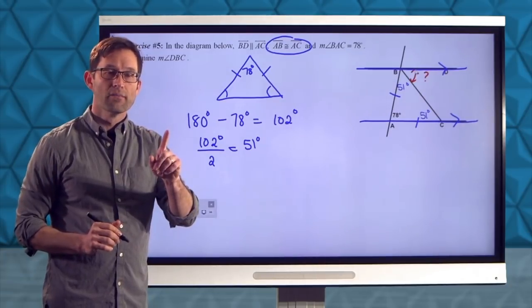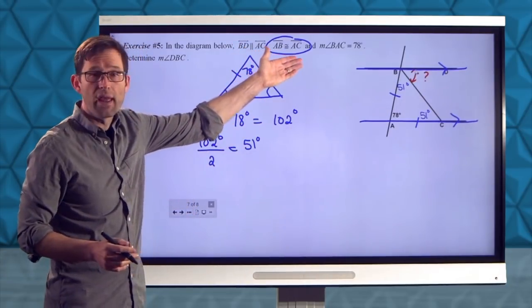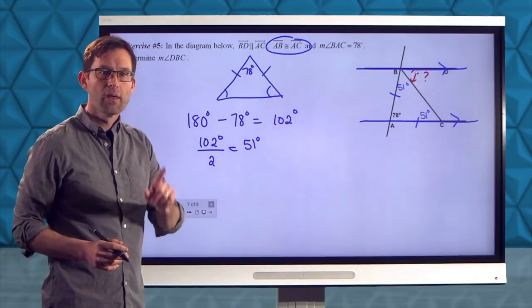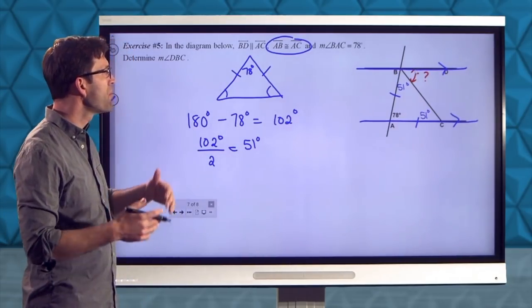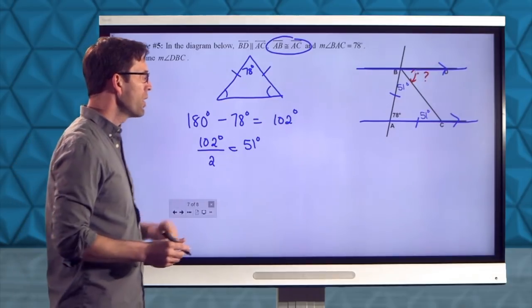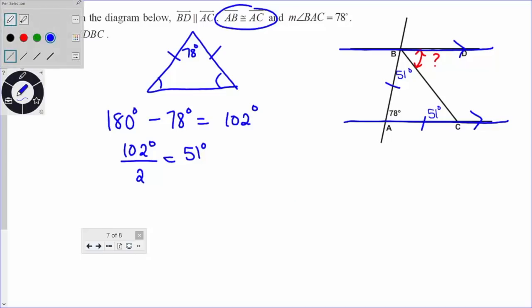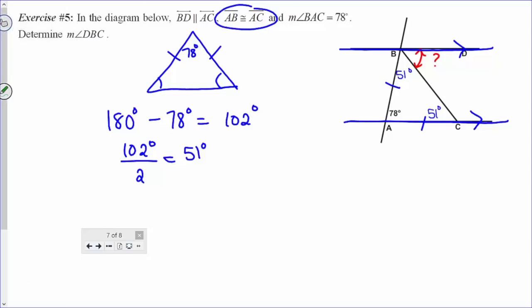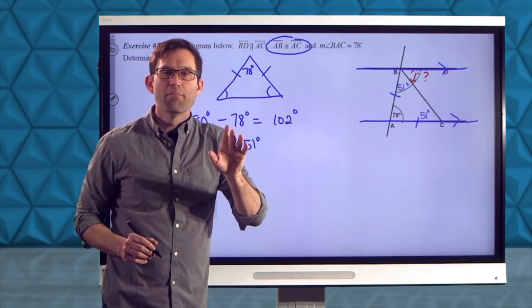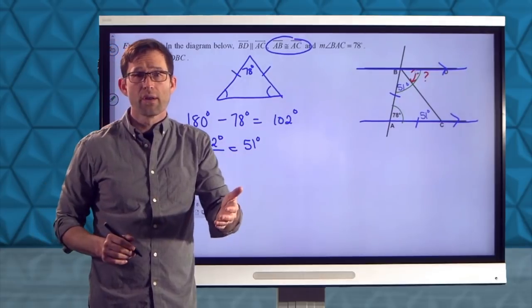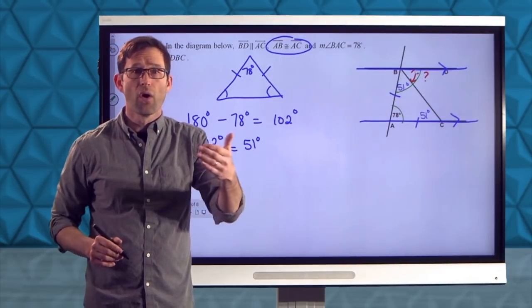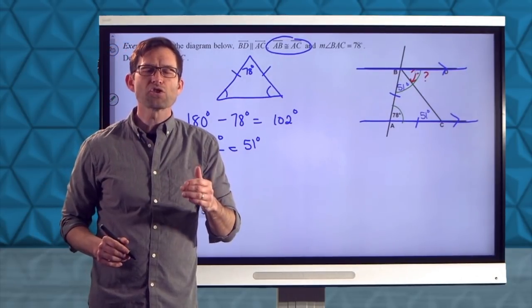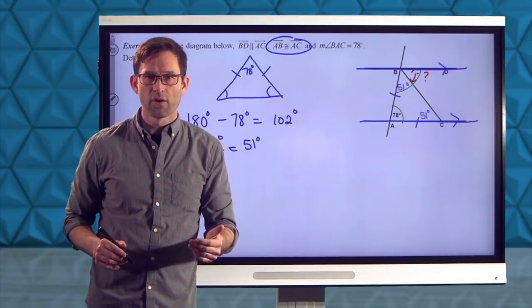Okay? That kind of uses up the fact that AB and AC are the same length. But now we can use some parallel line facts. What do we know? Well, marking in green, this angle and this angle aren't equal, because they're not corresponding angles created by parallel lines, they're not alternate interior angles, they're actually same side interior angles.